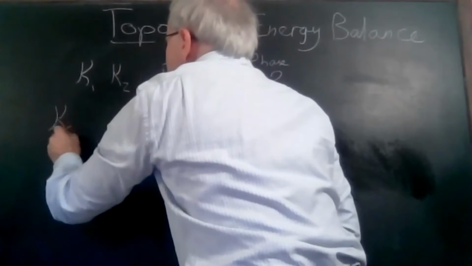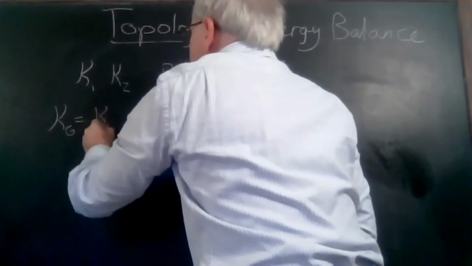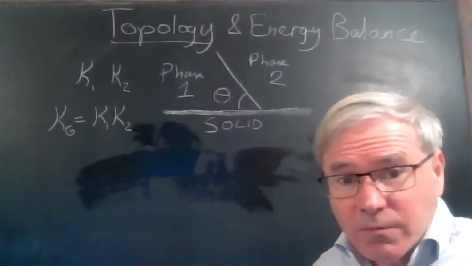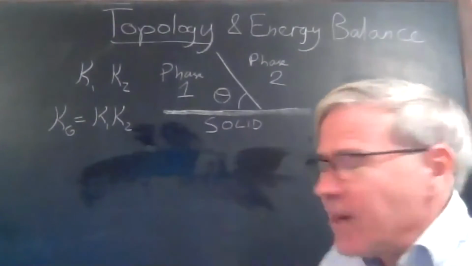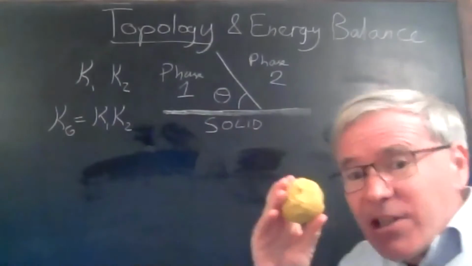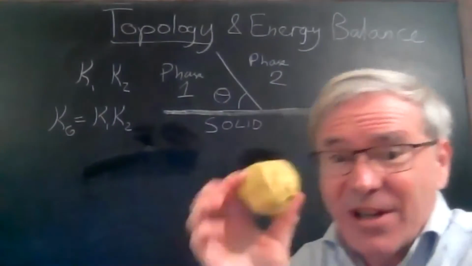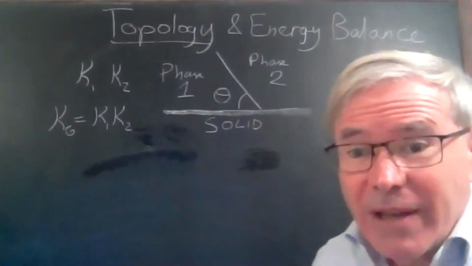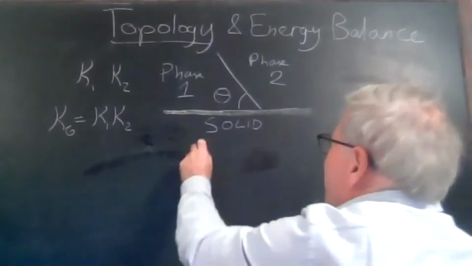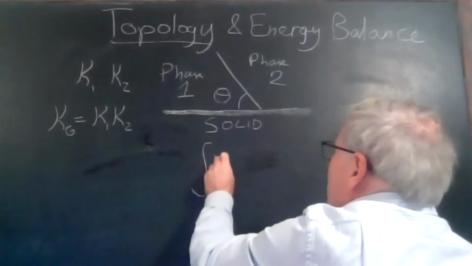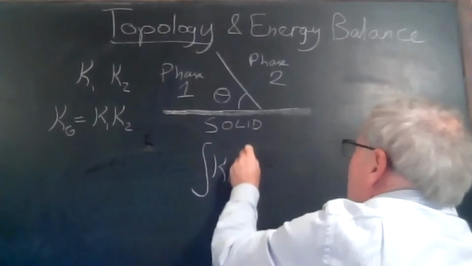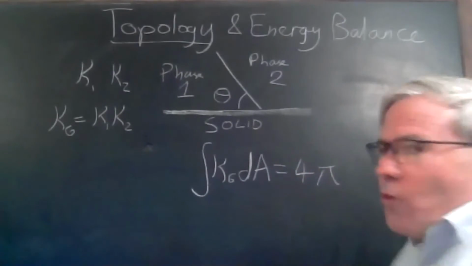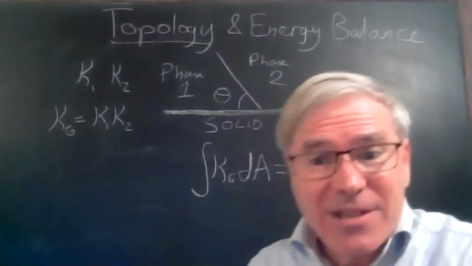The Gaussian curvature is defined as the product of those 2. And what you find is that the integral of the Gaussian curvature over the surface is equal to 4 pi. So the integral of the Gaussian curvature over the area is 4 pi. Now let's think about this.